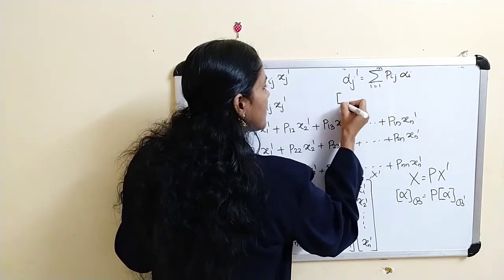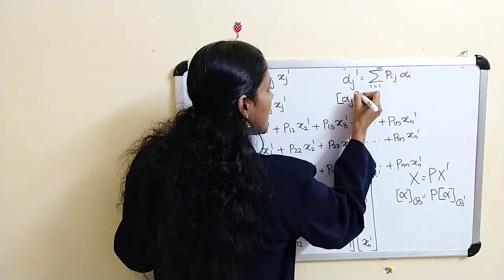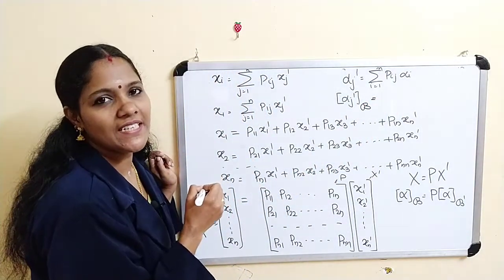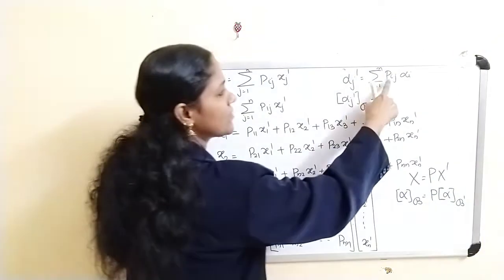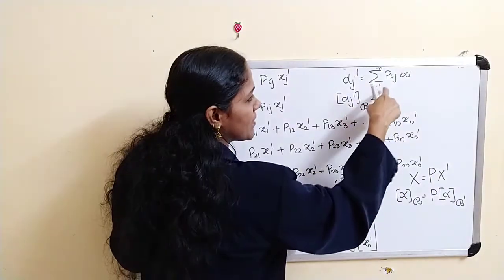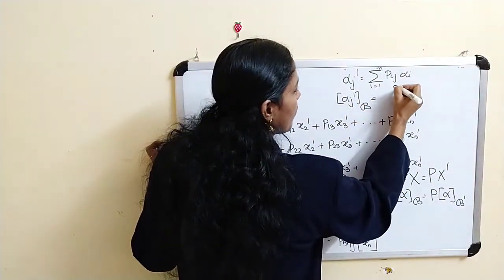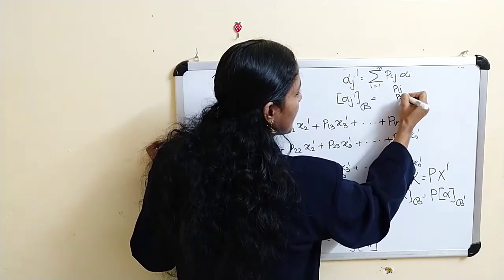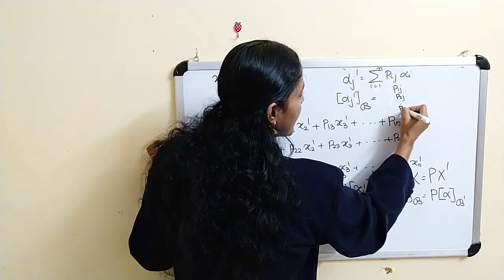Now what about matrix of alpha j dash related to the basis B? Coordinates of this linear representation. That means P1j, P2j, etc., Pnj.